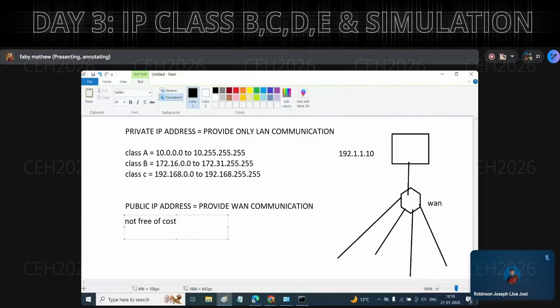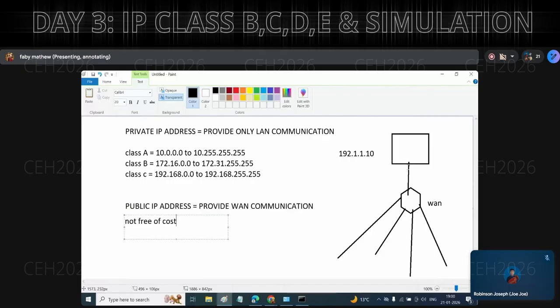And who will provide us the public IP address? The ISP. Tanuj, if you want a public IP address, you just demand one from your ISP, and he will provide you a public IP address, but there would be yearly charges you have to pay. And if you configure that IP address in your machine, then your machine would be accessible from the WAN.